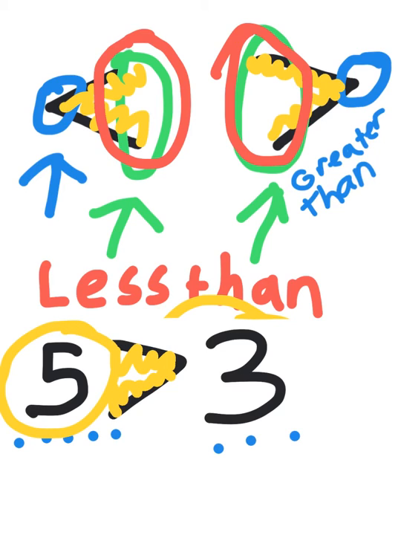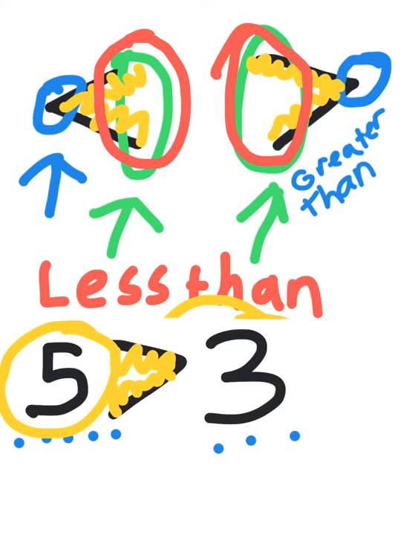So that way we know that 5 is greater than 3. So hopefully this makes sense to you guys. Just remembering the two different signs, the less than sign and the greater than sign.